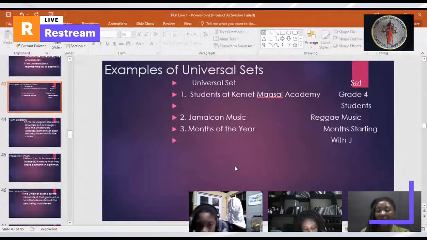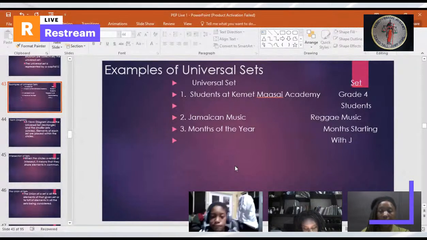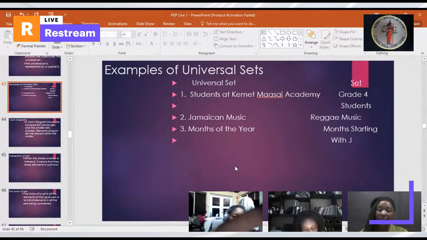Now we might say, okay, we're just thinking about the grade 4 students or the grade 6 students. So each of those would be a circle within the universal set. And those two circles will not overlap because there are no grade 4 students who are also grade 6 students.